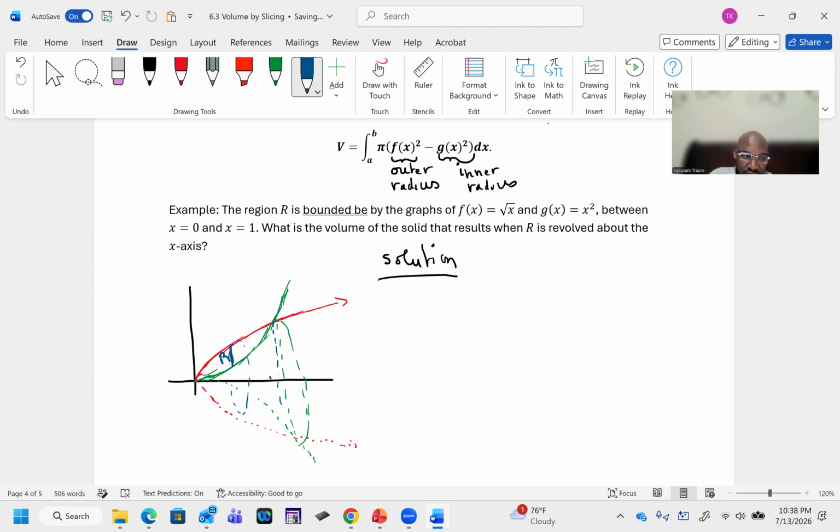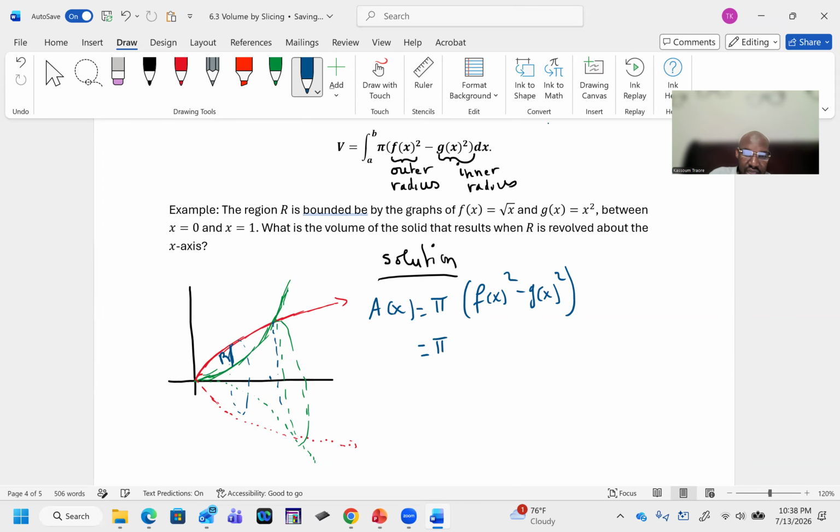And the area of a typical cross section at the point x is A of x equals pi times f of x squared minus g of x squared, which will just give us pi.